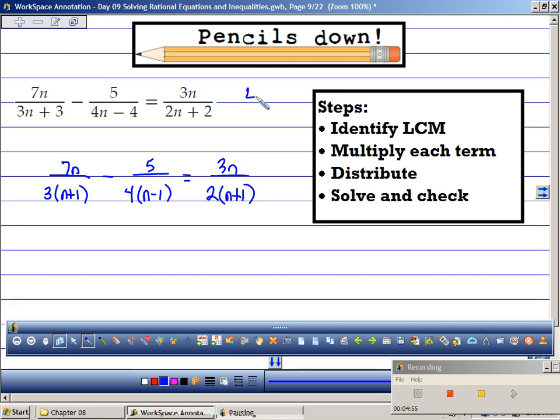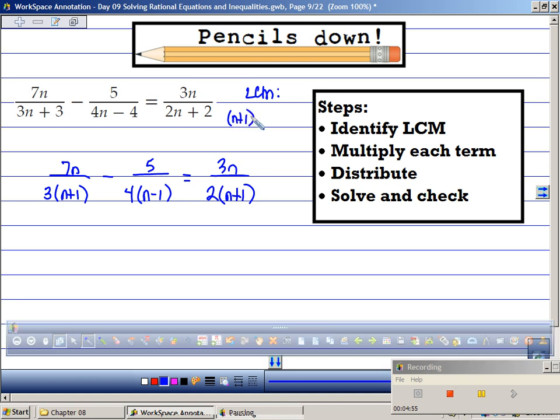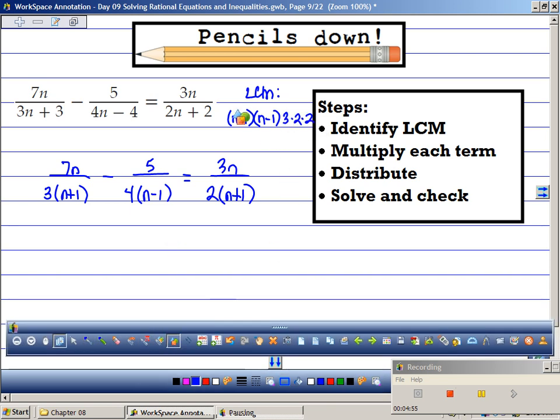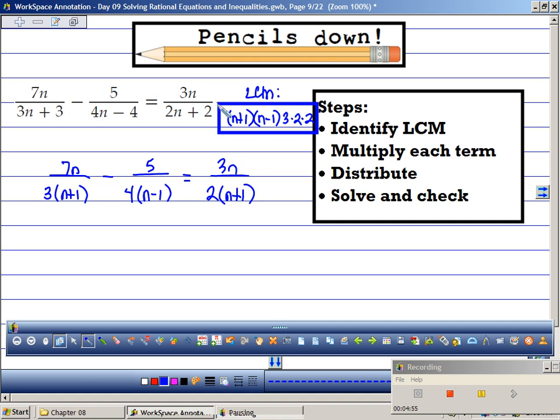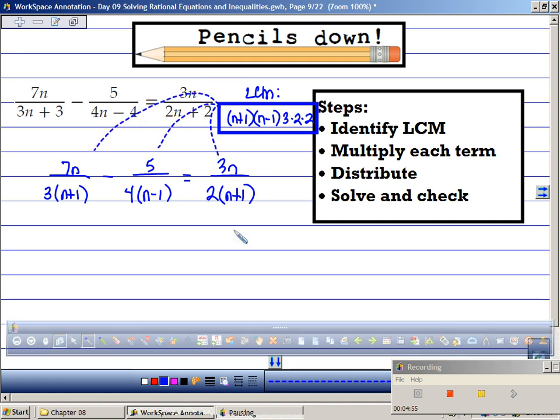So my LCM is n plus 1, n minus 1, 3, 2, 2. I'm going to take that. That one multiplies to that, that one multiplies to that, that one multiplies to that.